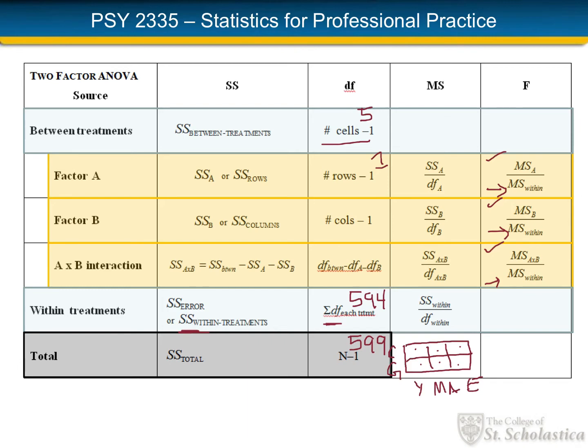The number of columns minus 1, that would be 3 minus 1, or 2. And then this number that we get as the total number of cells minus 1 is 5, minus the degrees of freedom used for the two factors, that would be 5 minus 3, leaves us 2 degrees of freedom.